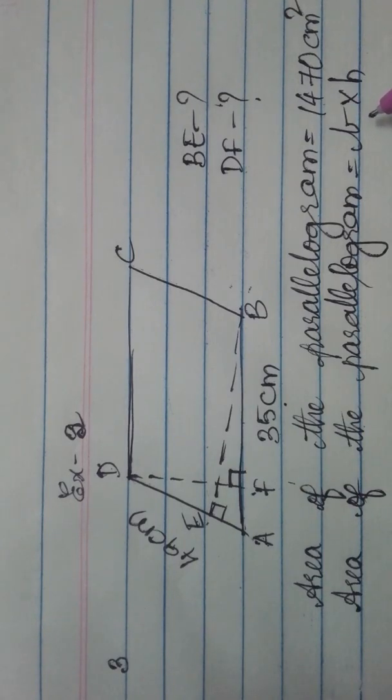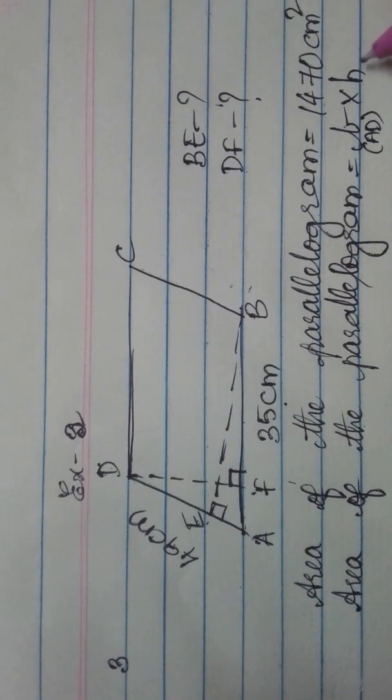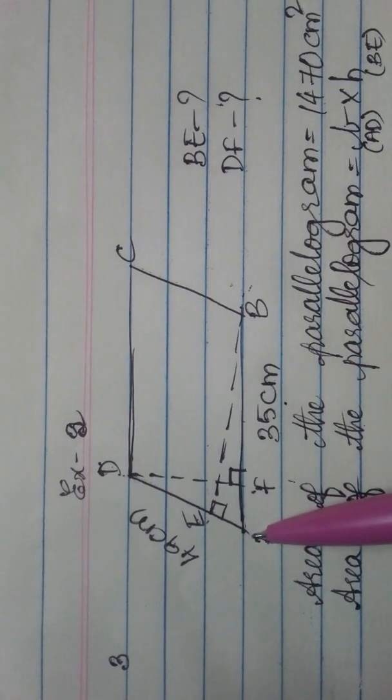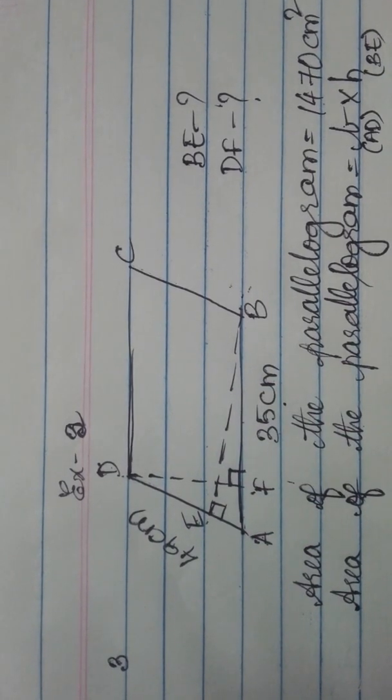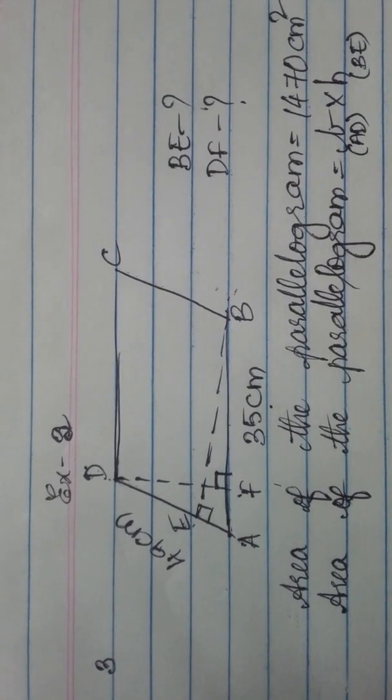AD is the base. I am taking the base as AD and height as BE. BE is the height and AD is the base. This way I am going to substitute and find out the value.